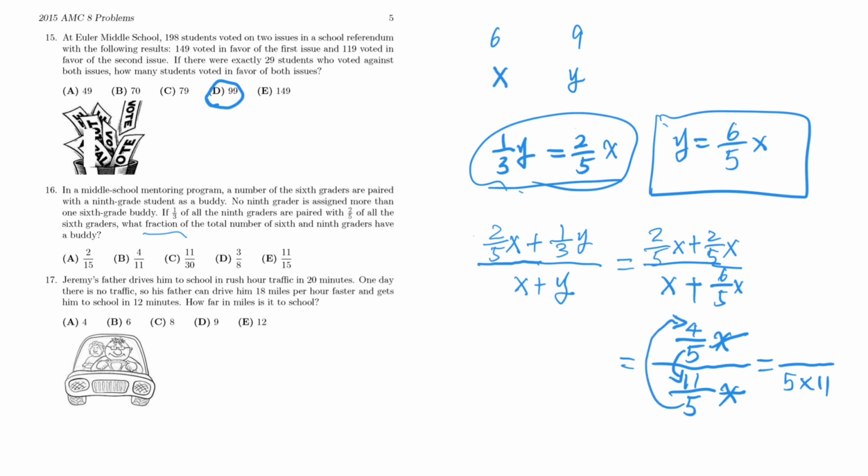Outside times outside for the numerator, that's 5 times 4. Cancel 5, equal to 4/11. So the fraction of the total number of 6th and 9th graders who have a buddy is 4/11. That's answer B.